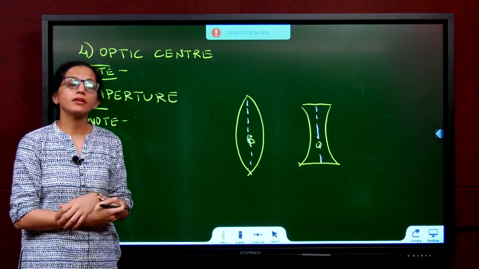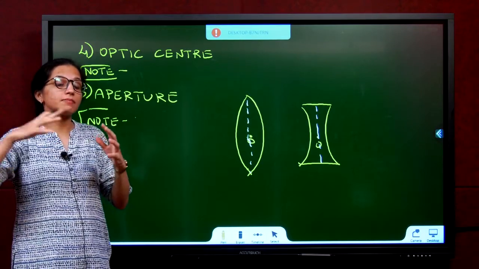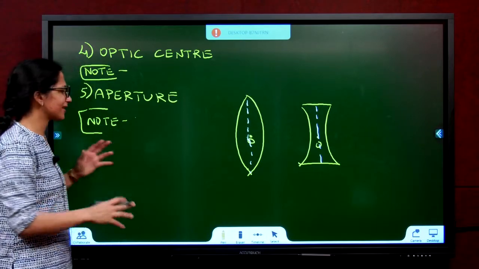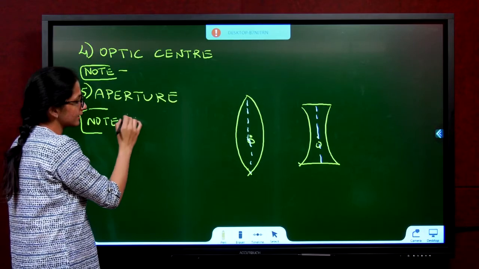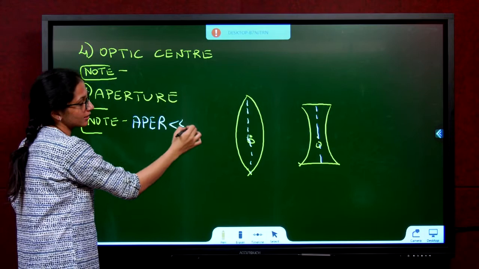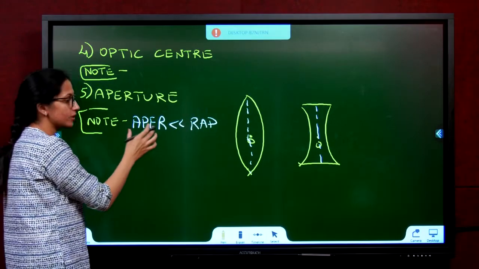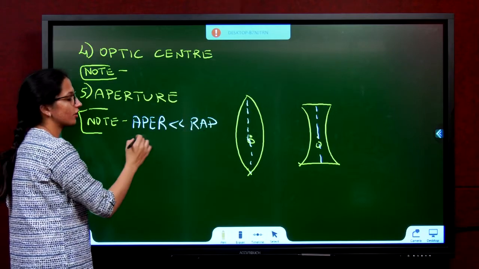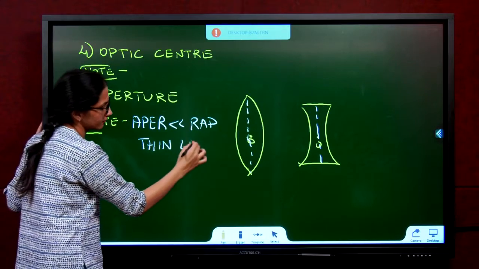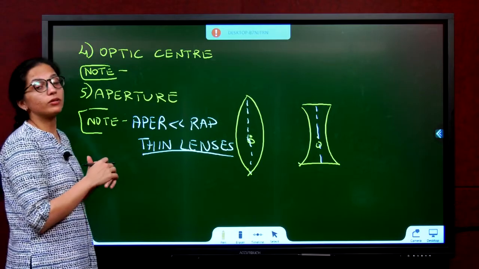Just like how in mirrors we considered mirrors whose aperture is much lesser than the radius of curvature, here also we will be considering cases where the aperture is much lesser than the radius of curvature. Such lenses are called thin lenses. So, for all our cases, we will be studying only thin lenses.